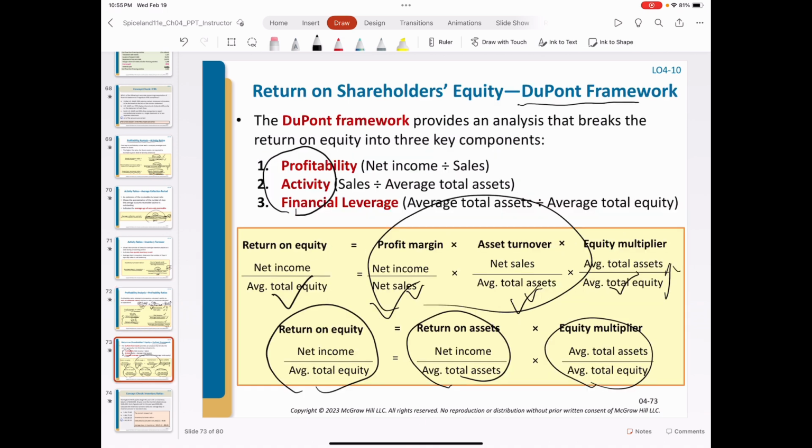For return on common equity, to increase ROE, the company can increase profit margin, or increase the activity ratio, or even increase the financial leverage, that is, increase the debt financing. But this is based on the assumption that the return on assets should be greater than the cost of debt.